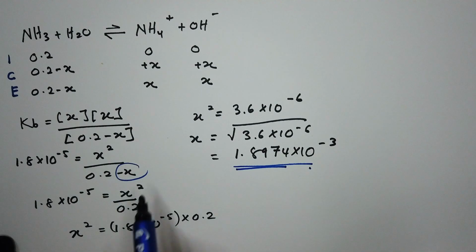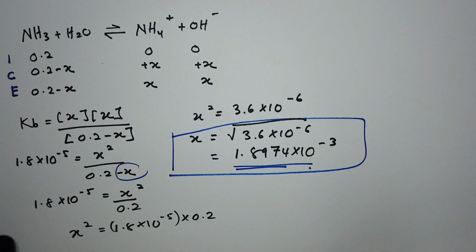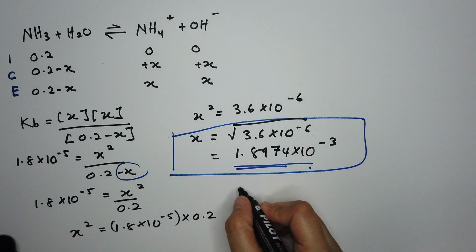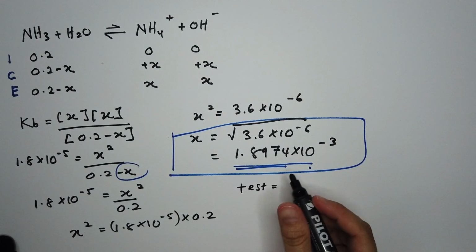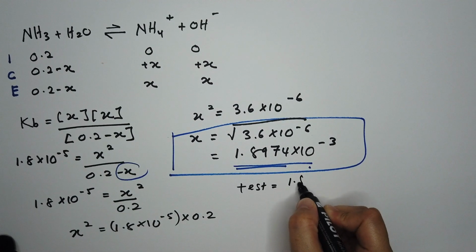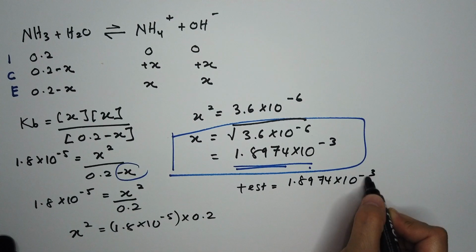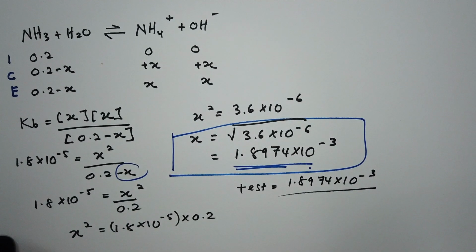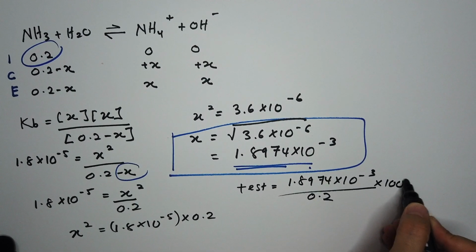So now you need to check the validity of this. So you need to do the test. It's equivalent to your value of x, 1.8974 times 10 to the power of negative 3, divided by the initial concentration, 0.2, times 100%.